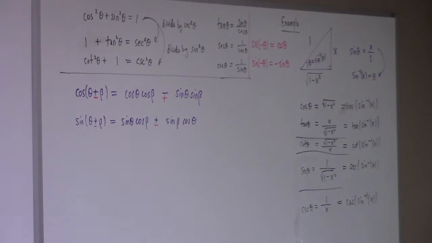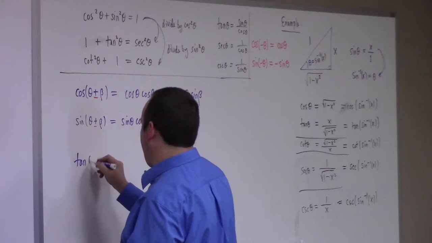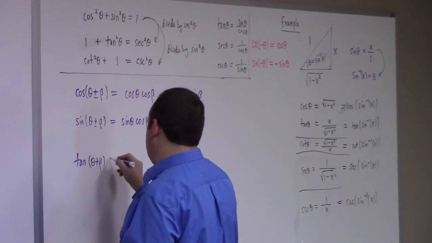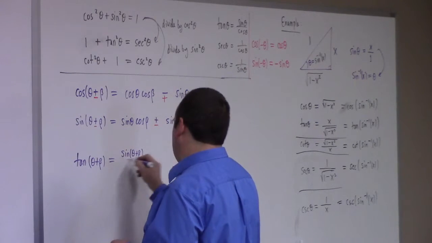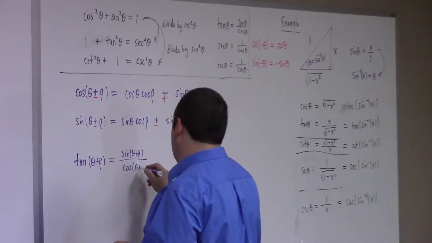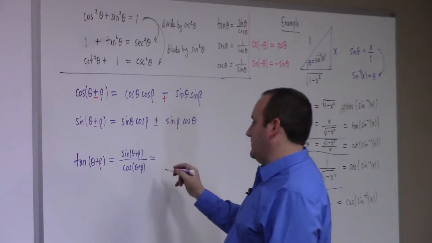Anybody here know the adding angles formulas for tangent? How would you derive the adding angle formula for tangent? Yeah, we do sine of theta plus beta over cosine of theta plus beta. So, I mean, there it is.